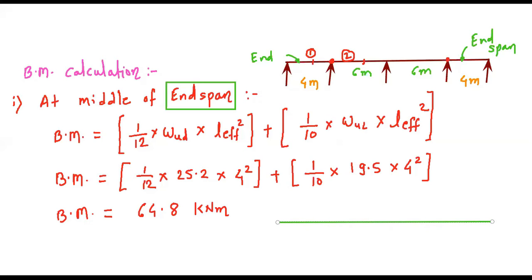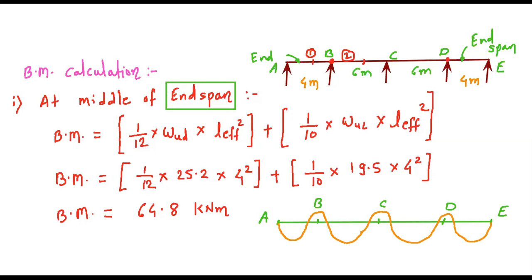This is point A, suppose this is point B, this is point C, this is point D, and this is point E. So I will mark the points over here: point A, and at the last point E. In between, somewhere point D, somewhere point C, and somewhere point B. Now if I draw the bending moment curve, it will go in this fashion.